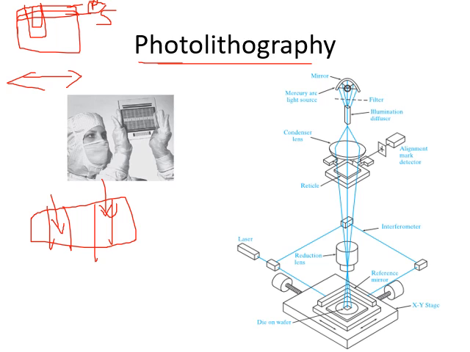For that we require very precise equipment, and we have seen the arrangement of this equipment in the previous lecture. So photolithography is a repeated process in the fabrication of ICs or integrated circuits.